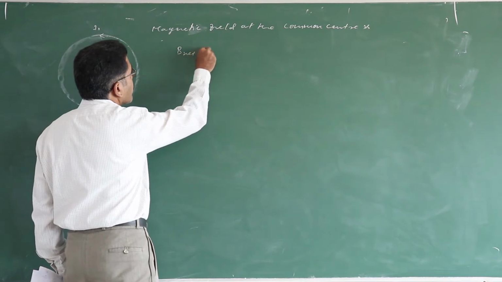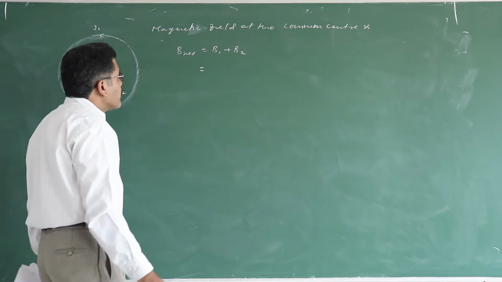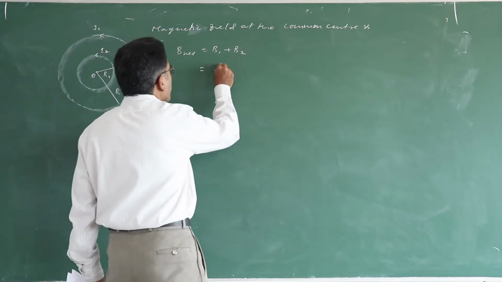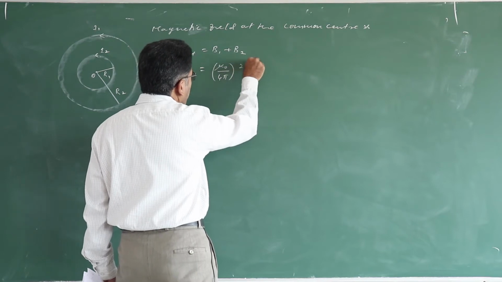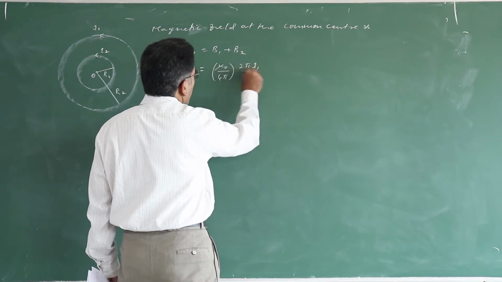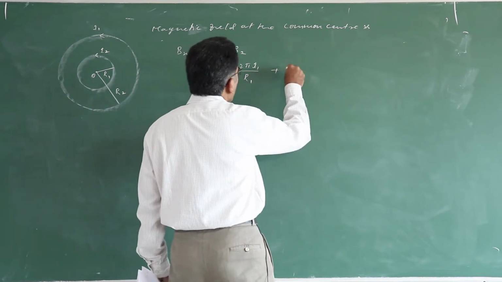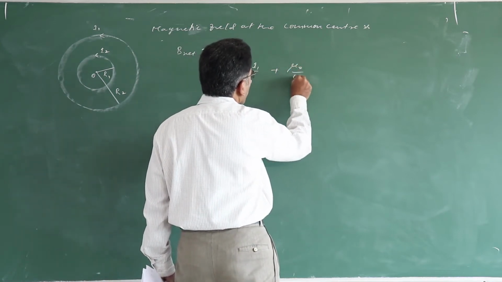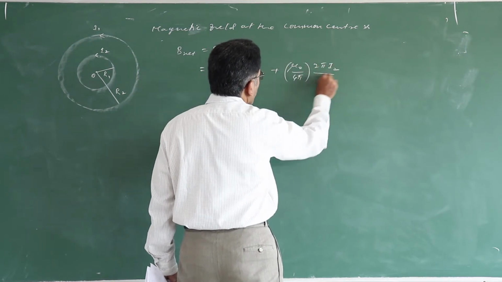B net is equal to B1 plus B2. What is B1? Mu naught by 4 pi, 2 pi I1 by R1, and B2 is mu naught by 4 pi, 2 pi I2 by R2.